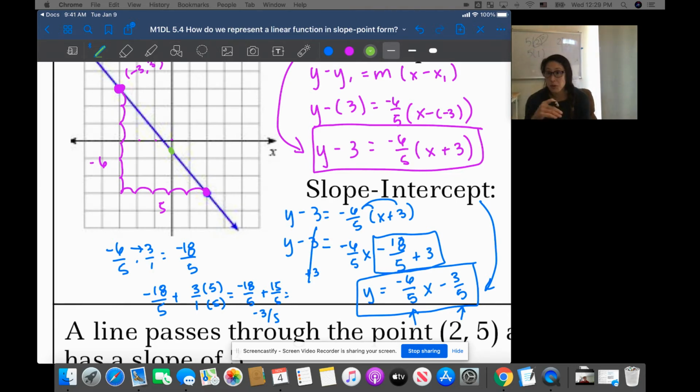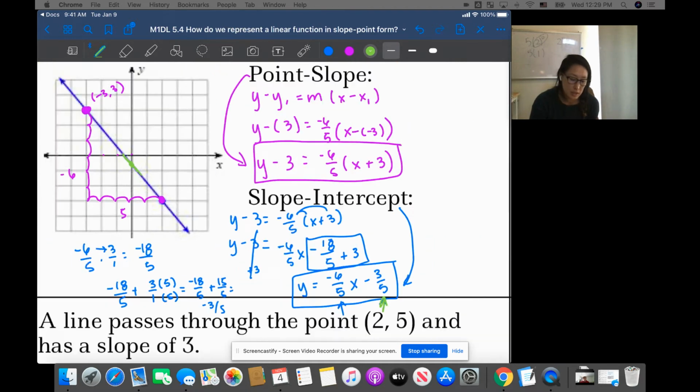It's between 0 and negative 1. So negative 0.6, it looks like this is about negative 0.6. It's hard to tell from a graph what the y-intercept is going to be when it doesn't cross at a whole number. So this is why we would use slope point, is to help us figure out what our non-whole number y-intercept would be. Okay, so we're going to do the next one.